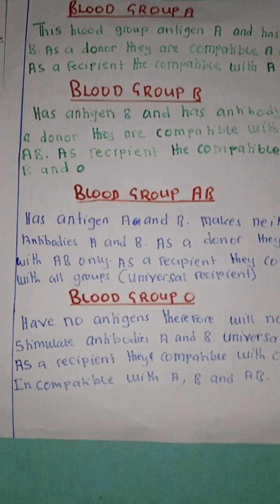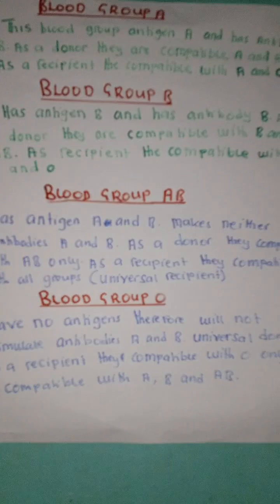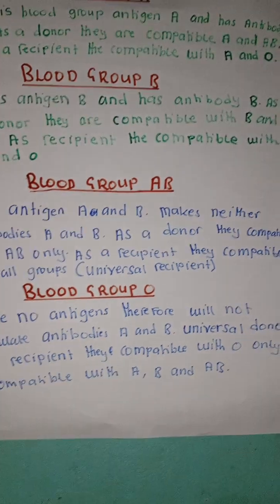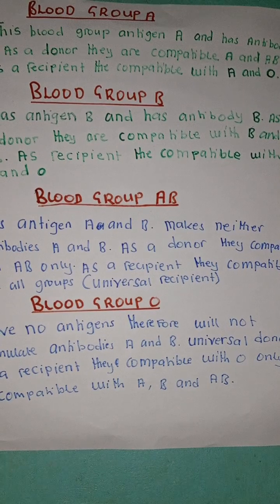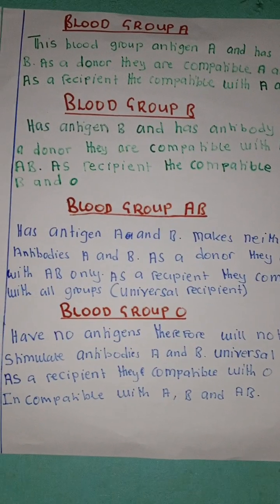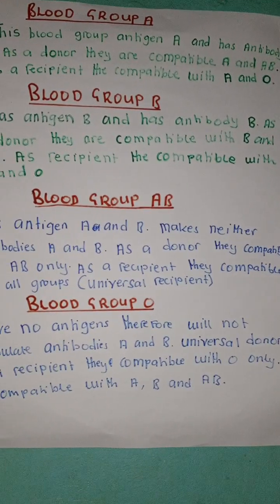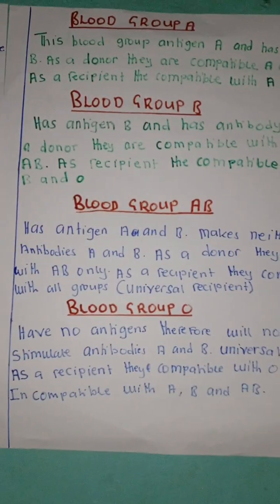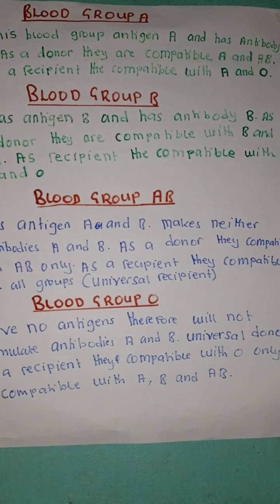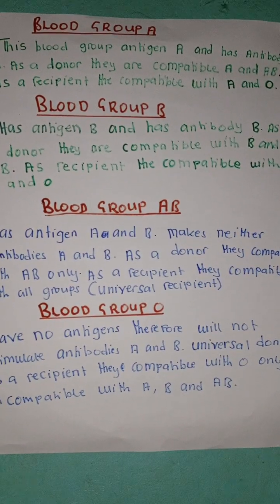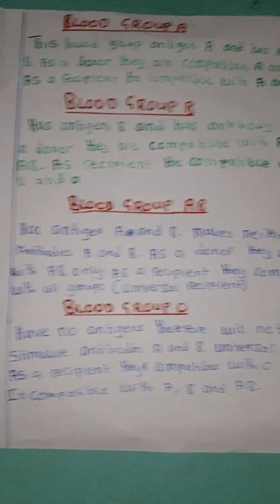Then you have blood group O. Blood group O has no antigens that will trigger the antibodies to react. Therefore, it will not stimulate antibodies A and B. Blood group O is a universal donor, meaning they can donate to blood group A, to blood group B, and to A, B, AB and O itself.